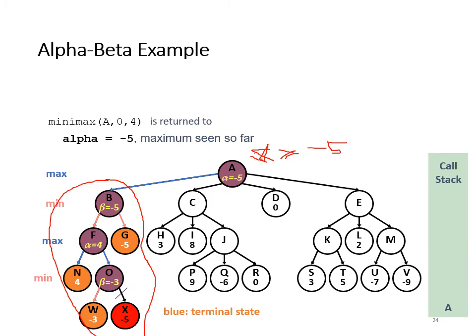So this value is dependent. It depends on the values of C and D. So first of all, we should find the value of C. The value of C we can find from H, I and J, and J's value we can find from P, Q, R. So first of all, we have to go in depth-first fashion.